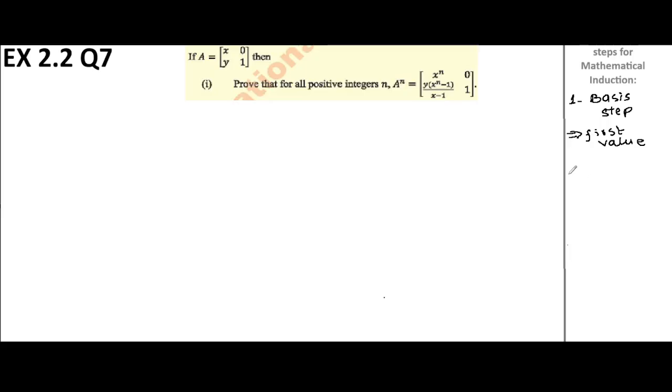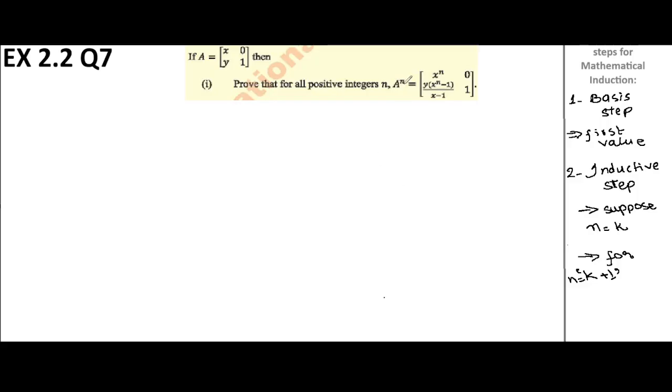And then the second step is the inductive step. The inductive step has two further steps. The first one is that we have to suppose that this given equation is true for n equals k, and then we have to prove it for n equals k plus 1.